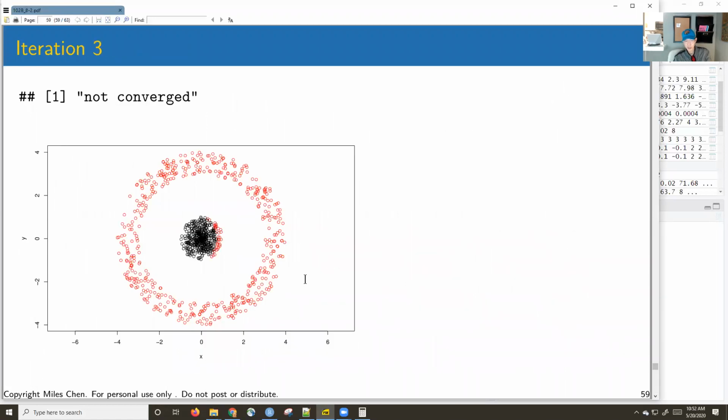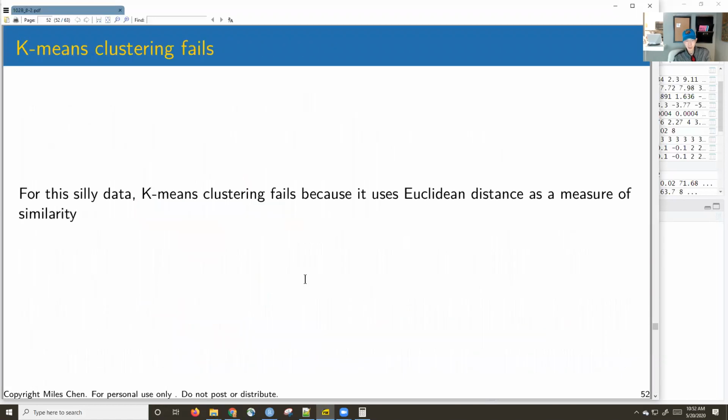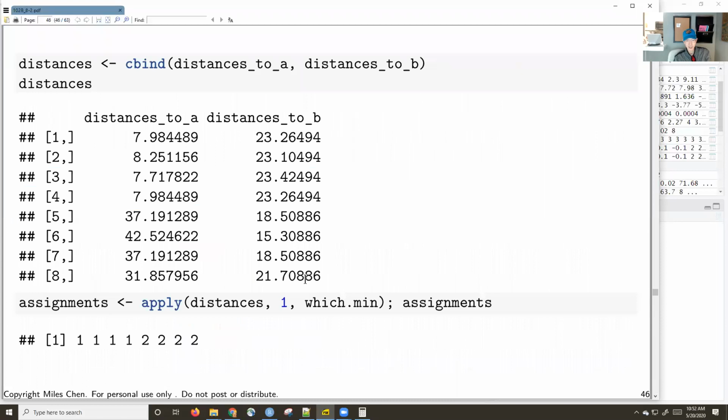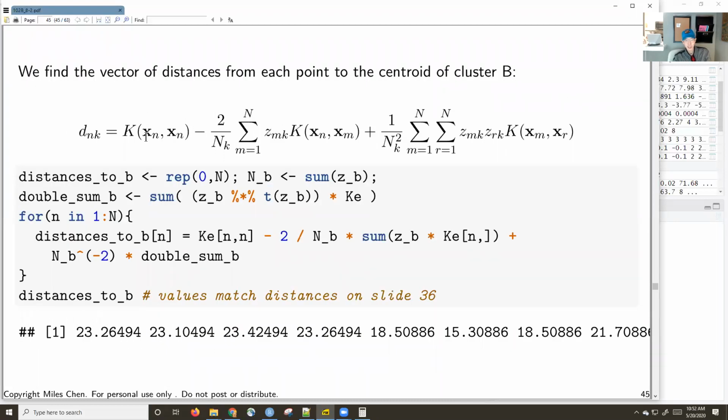You're basically doing this without actually calculating the centroid itself. You're taking some distance metric between each observation and the currently existing ones.